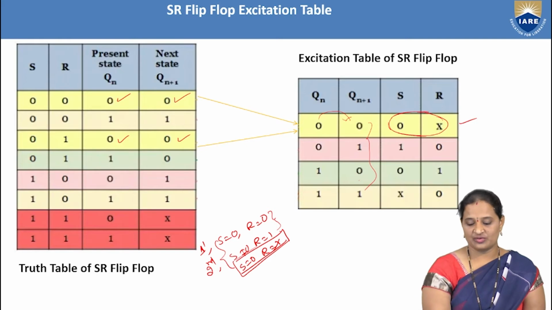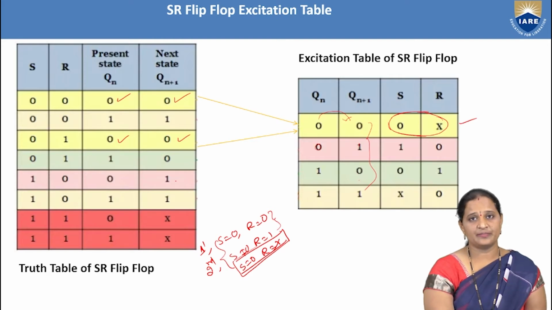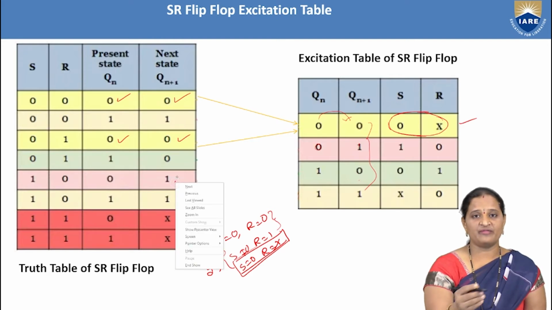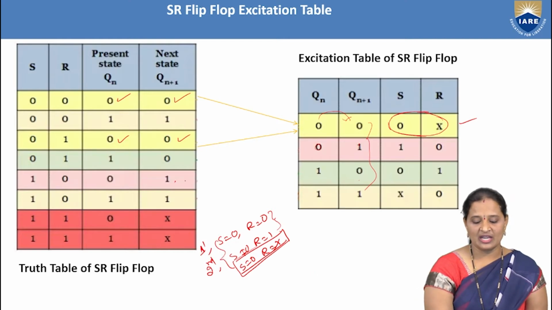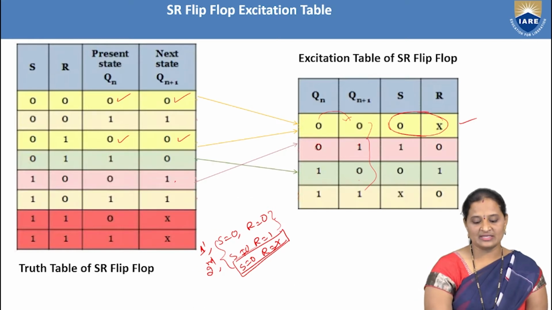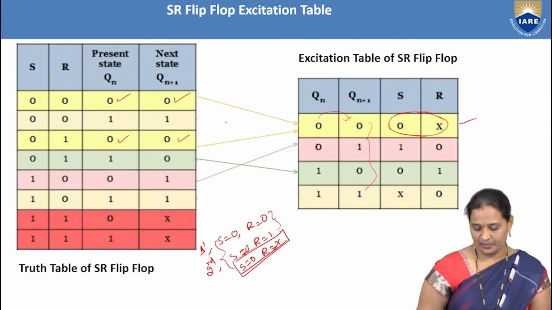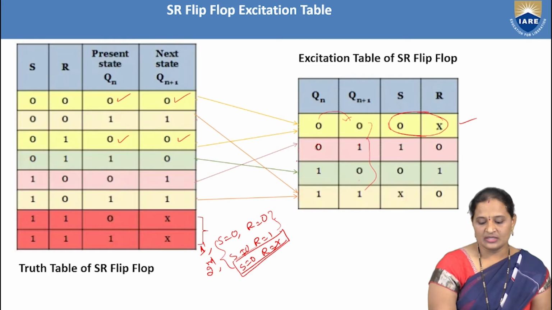Now, next condition. Present state is 0, next state is 1. And look for the inputs for which the present state is 0 and next state is 1. If you observe the light colored one, this one has a transition of present state 0 and next state 1.